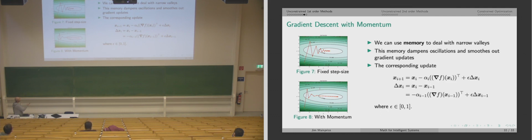And the corresponding update is like that. You basically have your gradient descent update, and then you simply add a little bit of the update that you used in the previous step. You define that delta i to be the previous update, meaning the difference between your state and your previous state. The difference between those is basically your update.